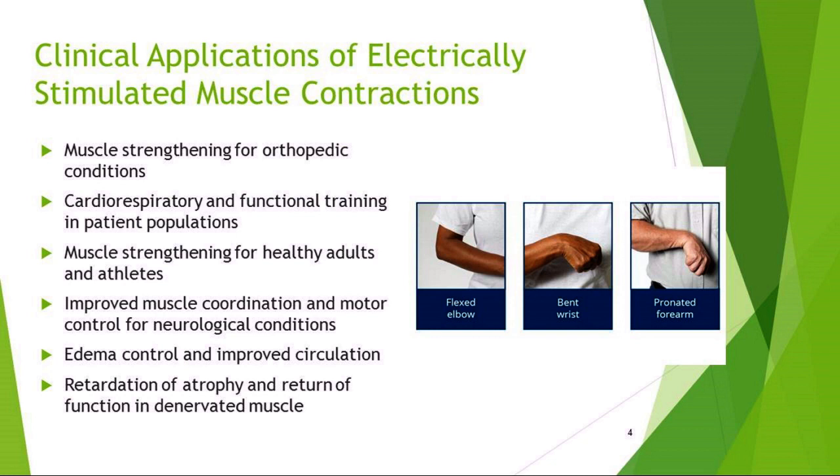For doing muscle strengthening in healthy adults and athletes, we talked about this in the last section. Improved muscle coordination and motor control for neurological conditions. Edema control and improved circulation. If you don't have good movement or good range of motion, you might have edema in that limb, and so getting some movement going to reduce or control edema. And to retard atrophy and encourage return of function in denervated muscle, either from a spinal cord injury or some other neurological injury.